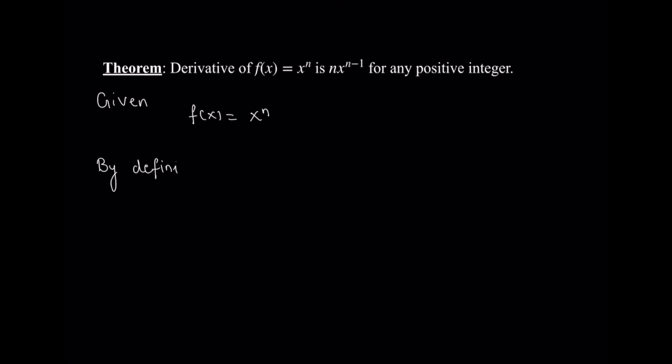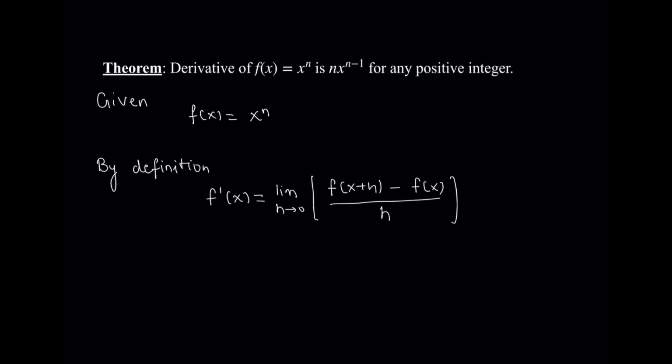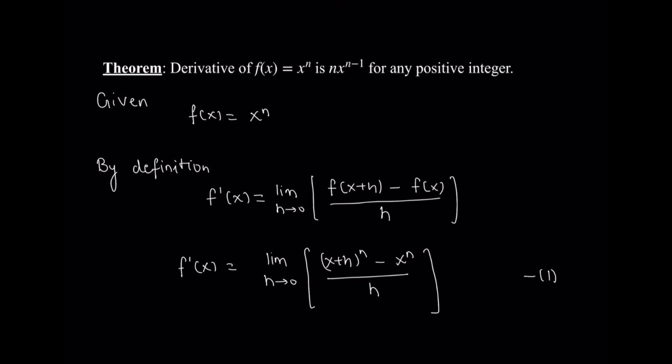By definition, I can write f dash x as limit h approaches 0 of f of x plus h minus f of x, upon h. Let's put the values into their right places. So I can write f dash x as limit h approaches 0 of (x plus h) to the power n minus x to the power n, upon h. Let's call this equation number 1.